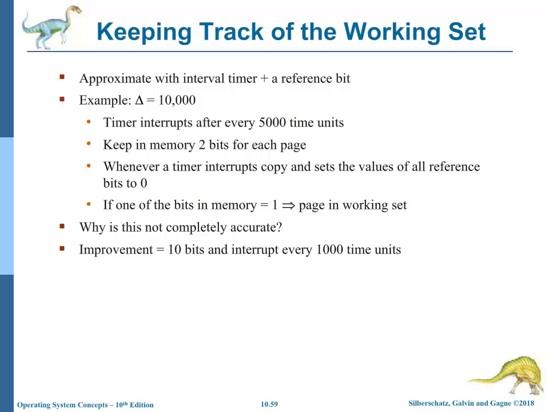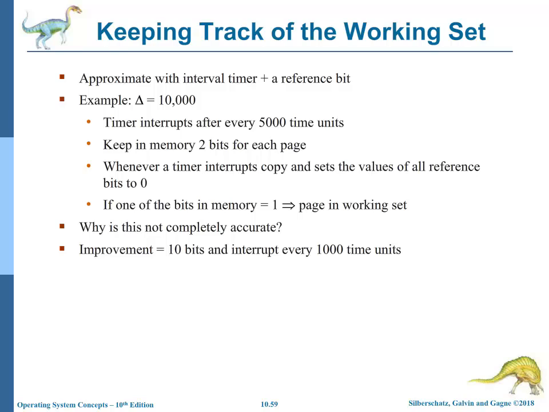The selection of delta is critical to the success of the working set model. If it is too small, then it doesn't encompass all of the pages of the current locality. And if it is too large, then it contains pages that are no longer being frequently accessed.